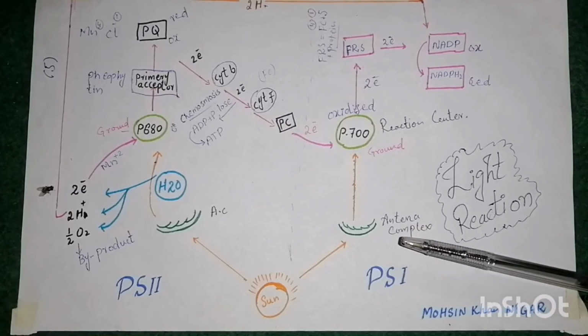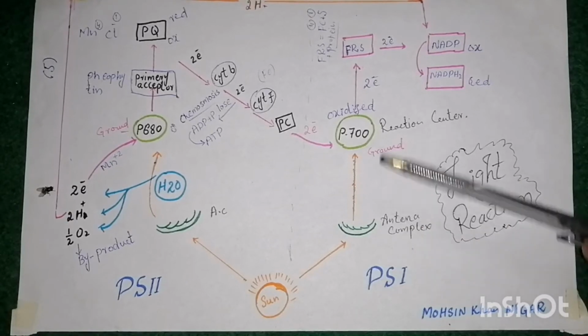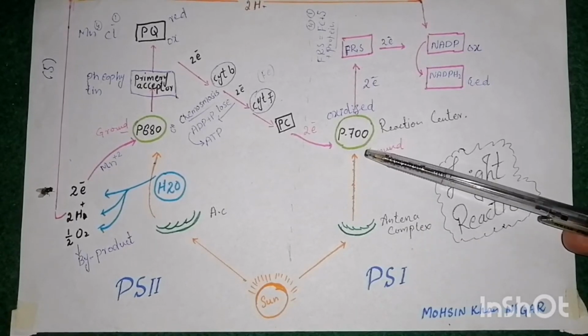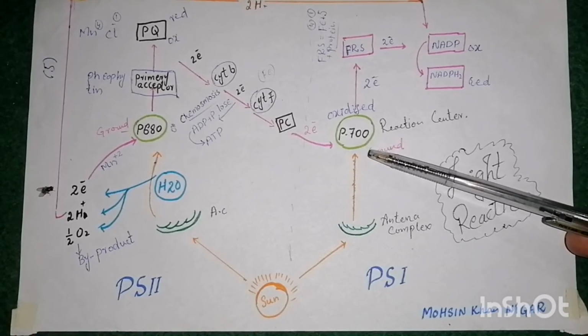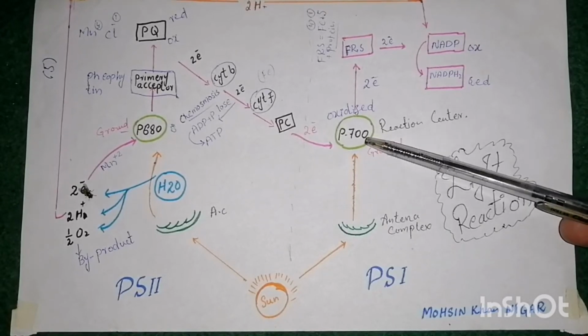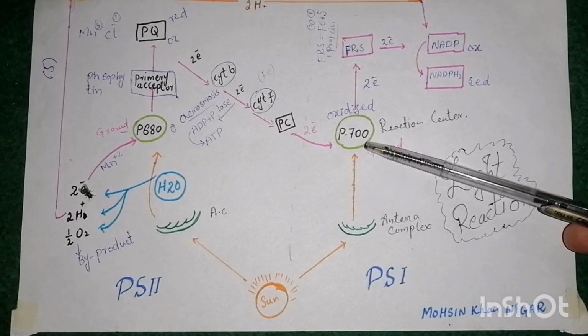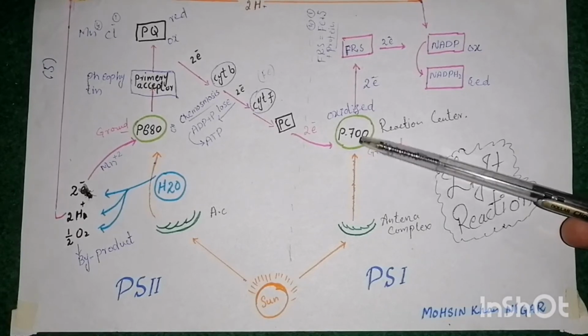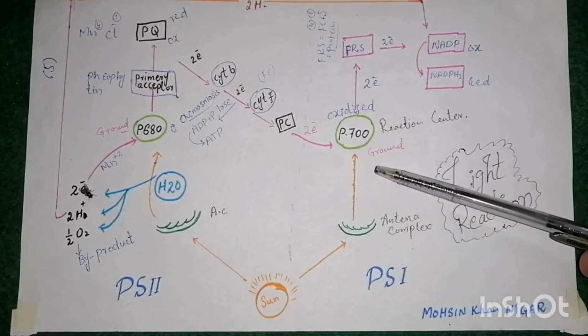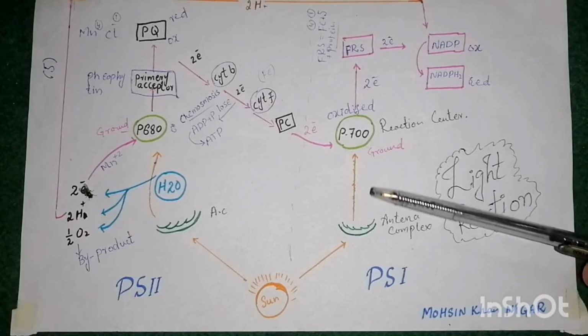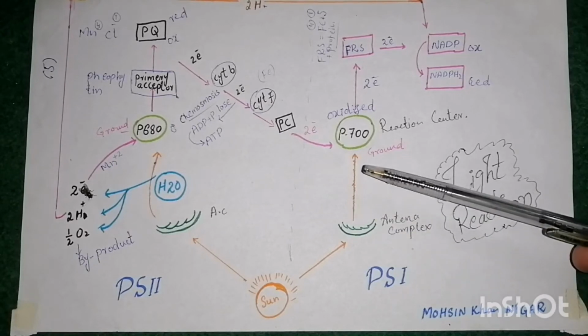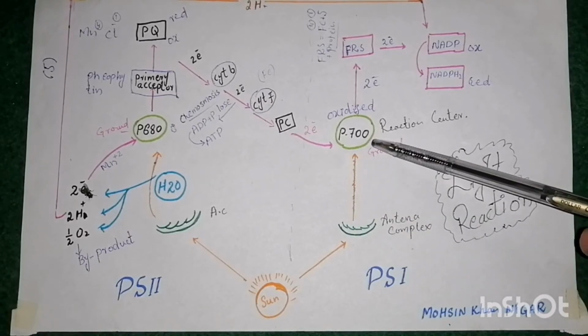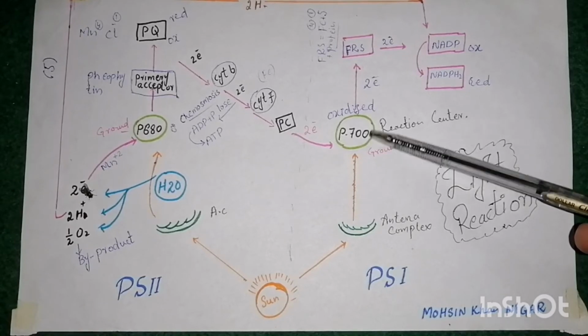What is the function of the reaction center? It works on light having a 700 nanometer wavelength. That's why it is called P700. The removal of electrons occurs in this reaction center and then it becomes oxidized.